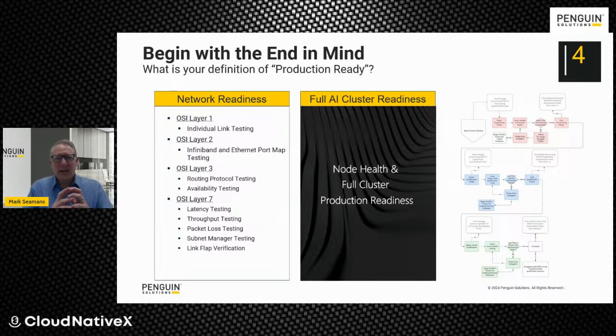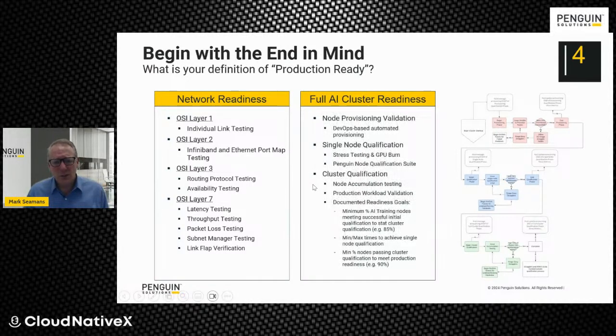And then once you feel like you've got the network solid, you turn your attention to the nodes, thinking about your process for doing the node provisioning and the validation, and then qualifying nodes one at a time, and then starting to build up collections of nodes into larger and larger subsets of the cluster so that you're building up and validating as you go.